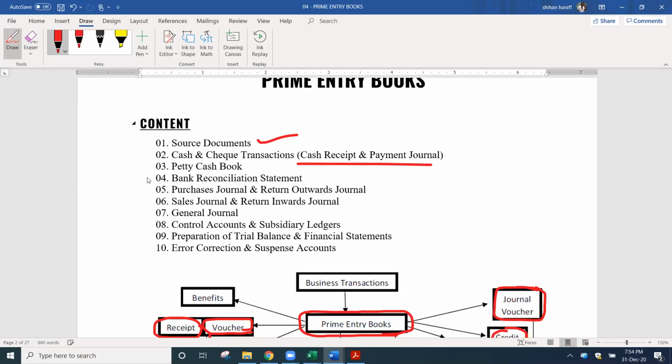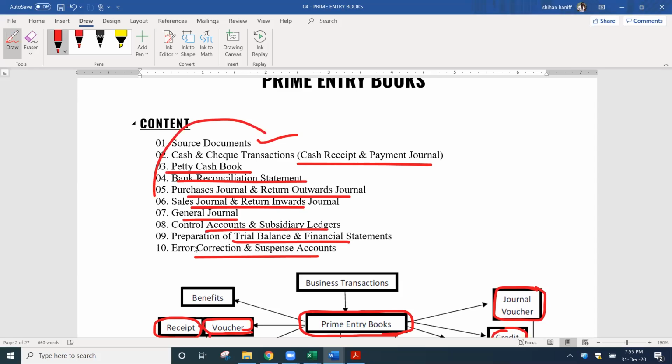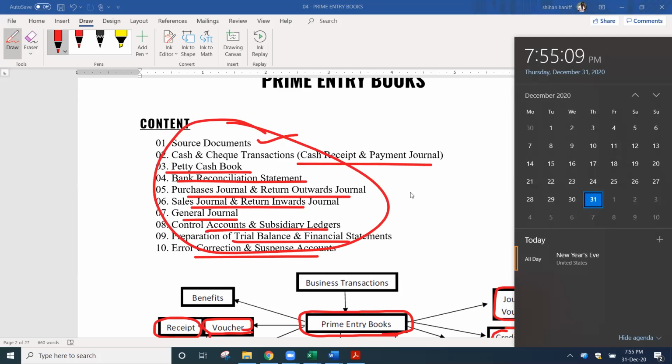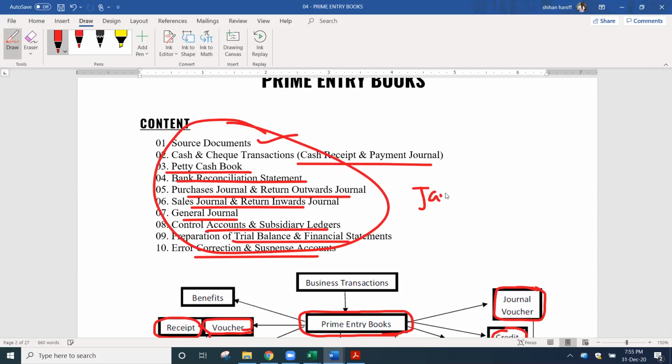Then the cash receipt payment, petty cash, bank rec, purchases journal, return outward, sales general journal, control accounts, trial balance, error corrections, and suspense accounts. So this chapter we just started. So during January, we will cover the entire chapter, right?